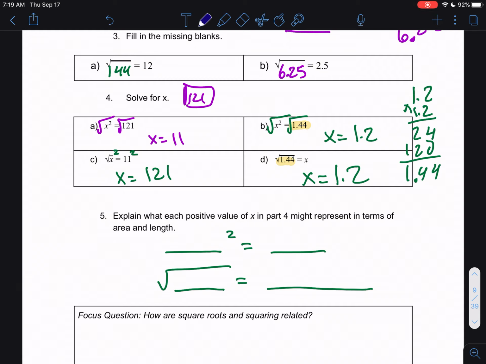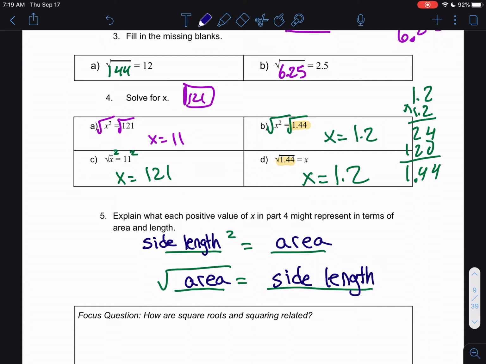So this blank squared equals blank. Our area would go here, and the equals is just a number. But then what we're squaring is our side length. And then in the next line, when we take the square root, we're finding the area, and that equals our side length. I probably gave the answers away a little bit by my long lines.